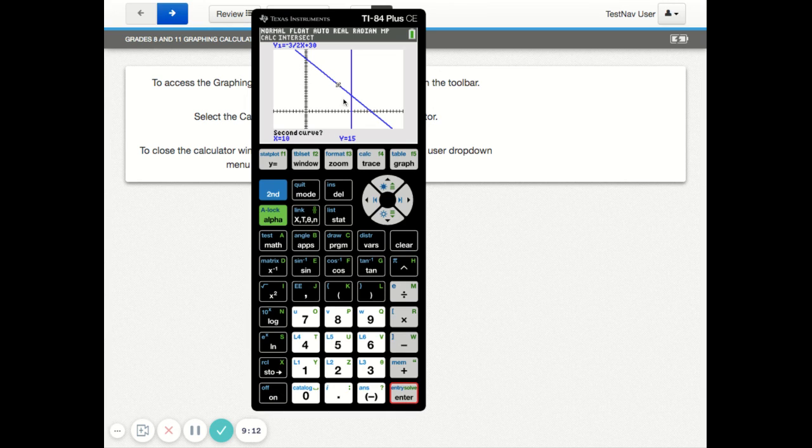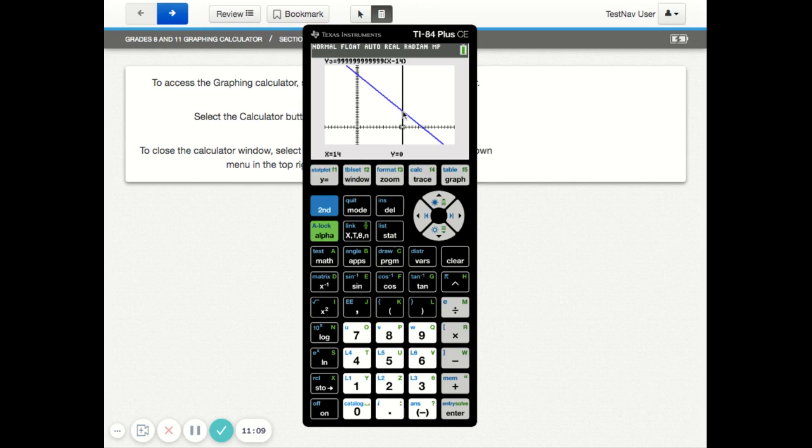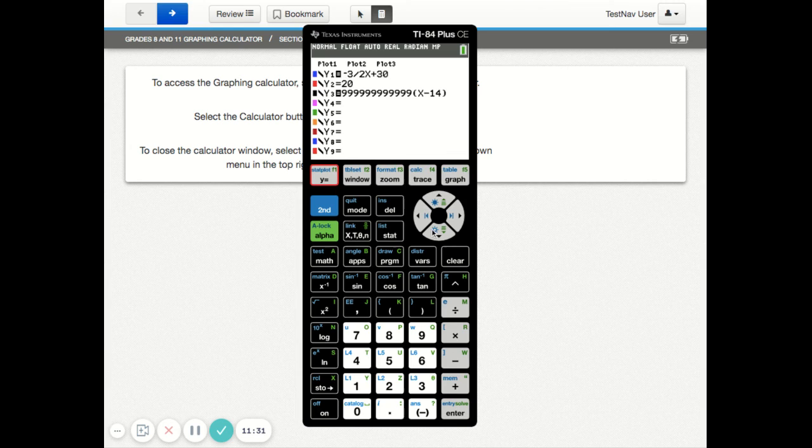There's no second curve, so there's nothing to intersect with. We don't actually need to find that intersection because we know the x is 14. We can literally just go to 14 on our blue one and just plug in 14. So that's a way to draw a vertical line, but it isn't something that you can find the intersection of moving forward. So those are the things that you can do with your TI calculator.